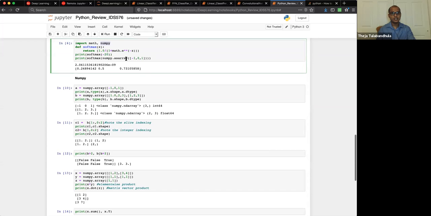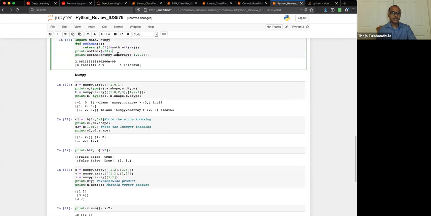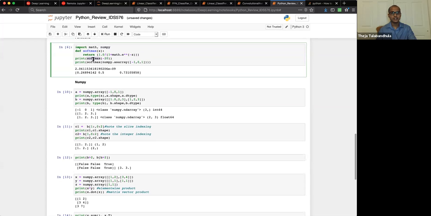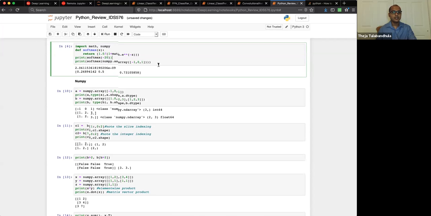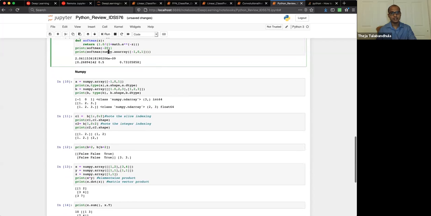You can convert a list to a NumPy object by numpy.asarray, or numpy.array as well, I think. So here we are applying the softmax function on a single variable. We can also apply it if we define it appropriately.